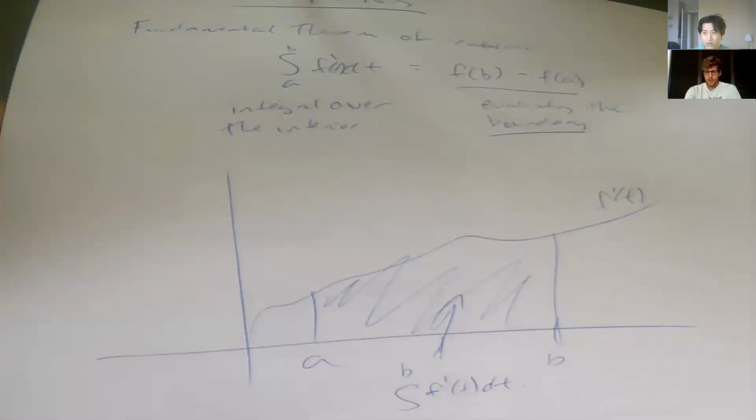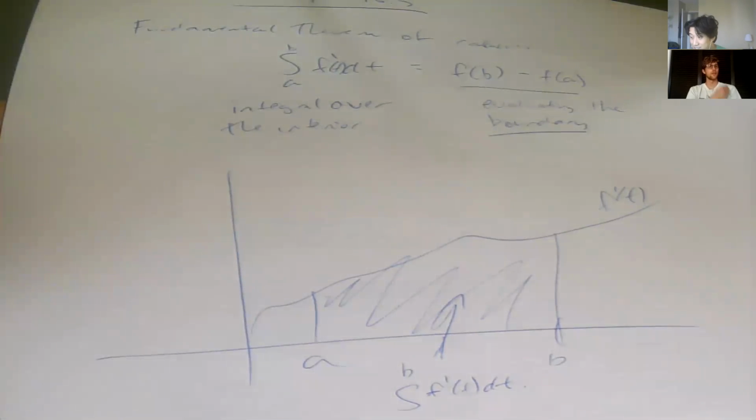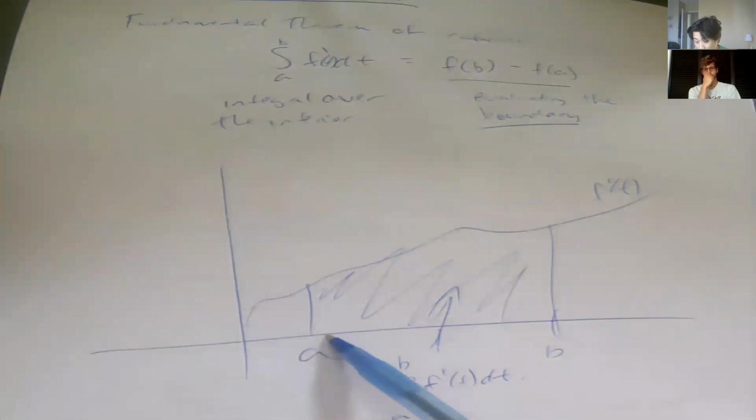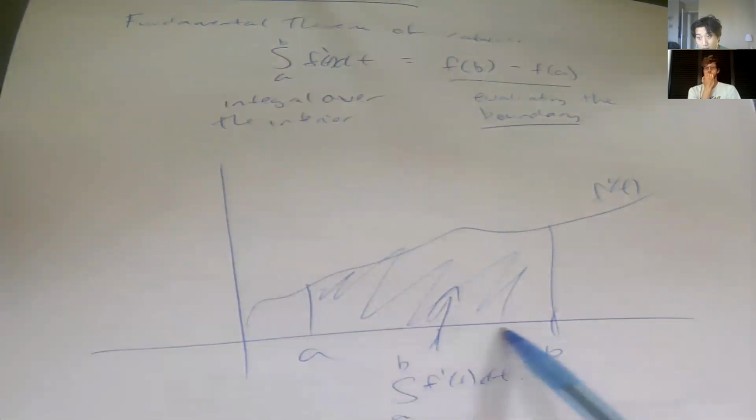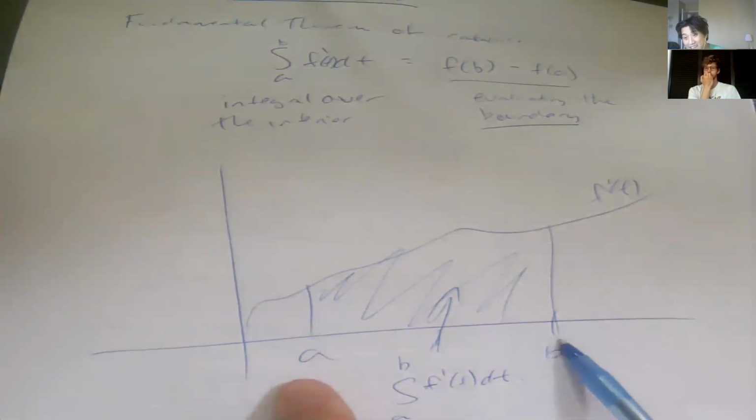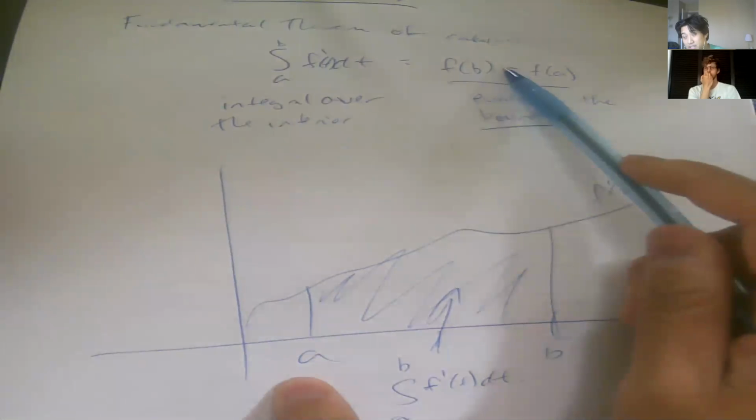Could you say that one more time? The fundamental theorem translates information about the function on the inside to stuff on the boundary. We can see that by this integral: this interval is what we're integrating over, but we only need the values at the ends to compute this integral.